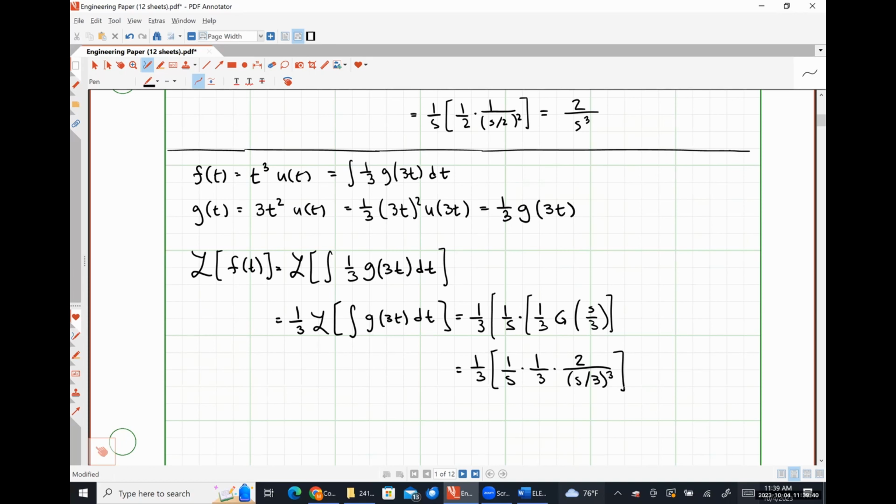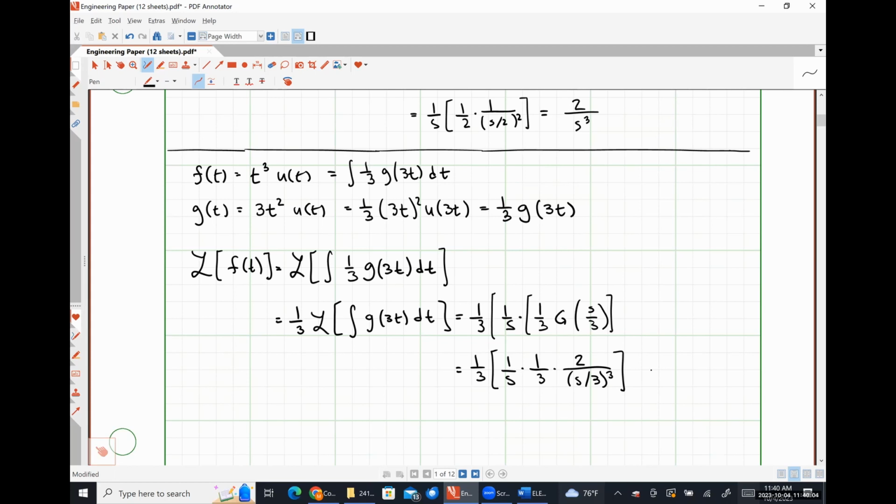Where I used the Laplace transform of t squared to figure out what was going to go on down here. Boiling this big thing out, right? So we have a factor of 3 cubed in the numerator because we have s over 3 cubed in the denominator. So that's going to put a 3 cubed in the numerator. And then we have a 3 squared in the denominator. So we're just going to have a factor of 3, right?